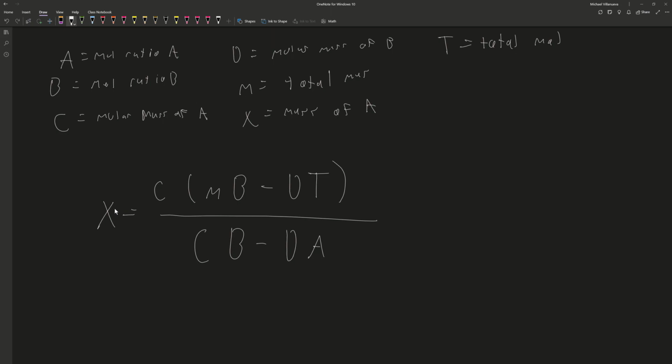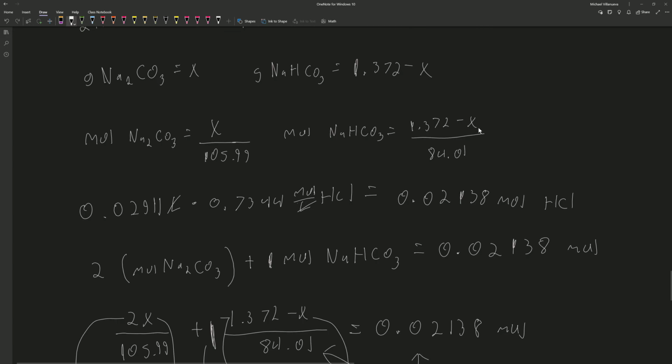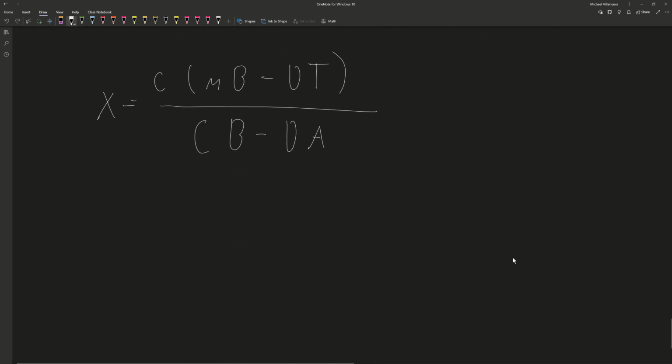But if you have it memorized, you will be able to use it to solve for the unknown mass of a mixture of two things when you titrate. All you need to do is plug in those variables, and you will have the mass of X. If you have the mass of X, you can find the mass of the other compound by simply performing 1.372 minus X, and you will get the mass of NaHCO3. So let's plug everything into this equation.